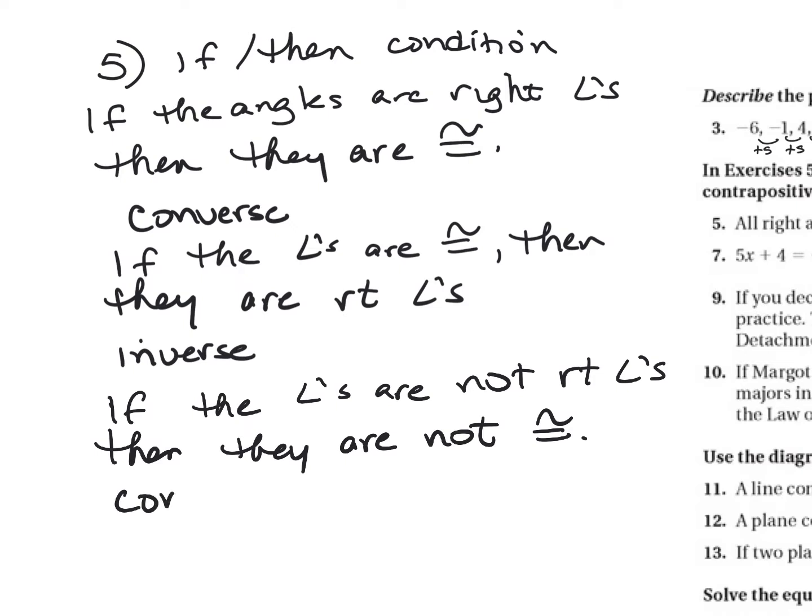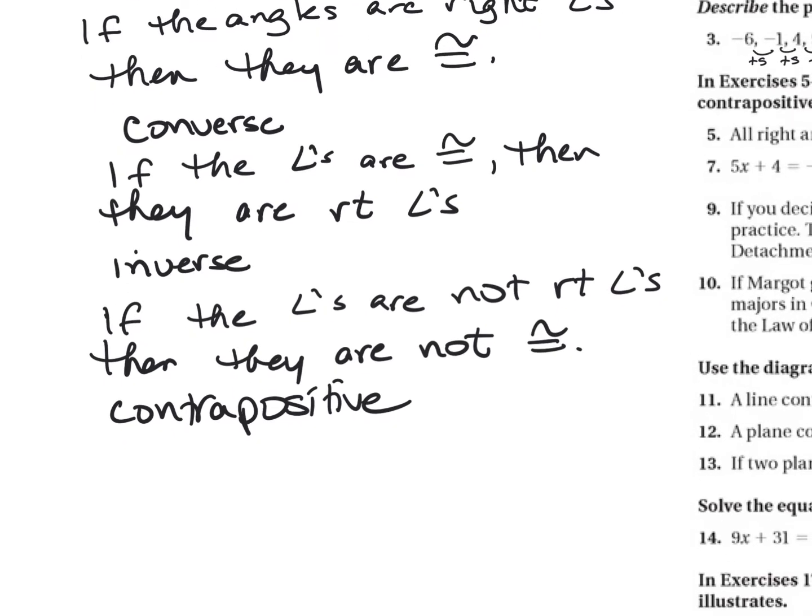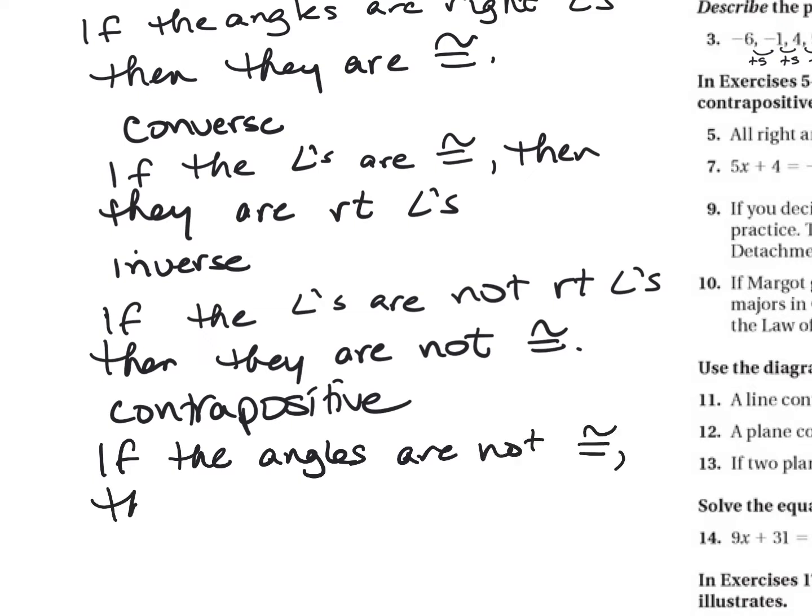Then the contrapositive, this is where we're going to flip and negate. So if the angles are not congruent, then they are not right angles. And that was all for number 5.